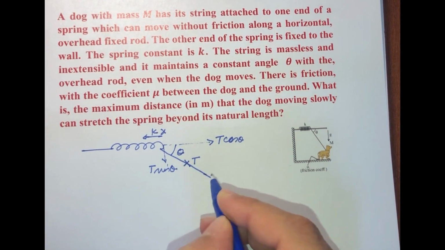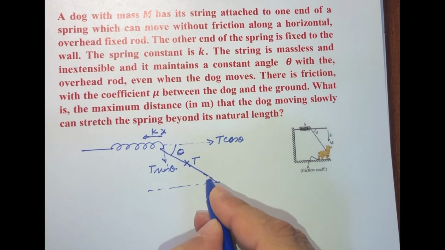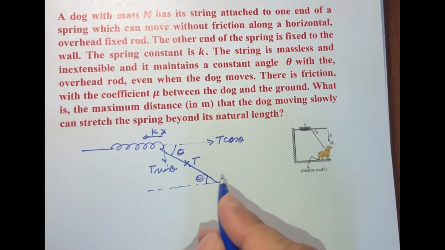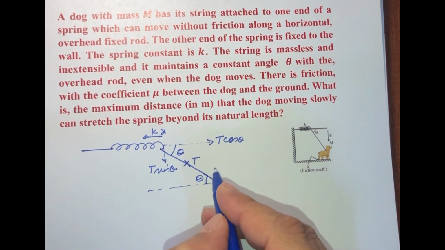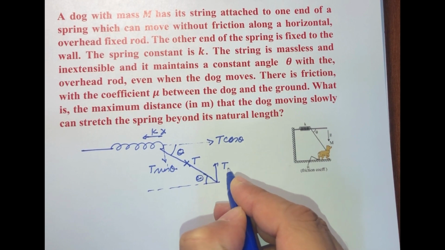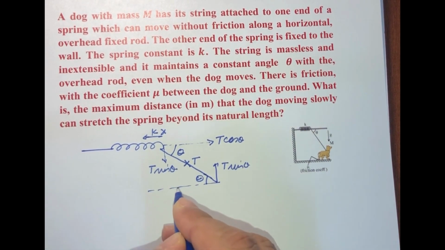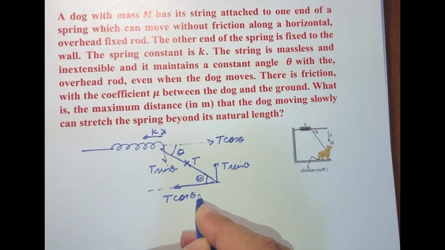Similarly, this angle will also be theta, and here also this component can be divided into two: T sine theta and T cos theta.